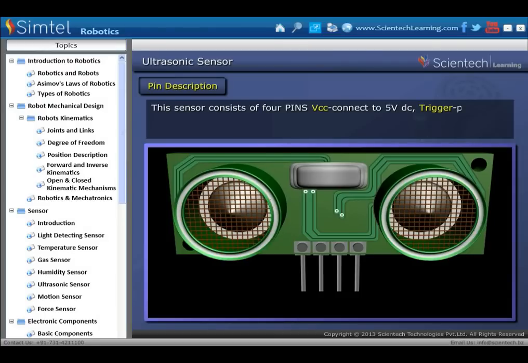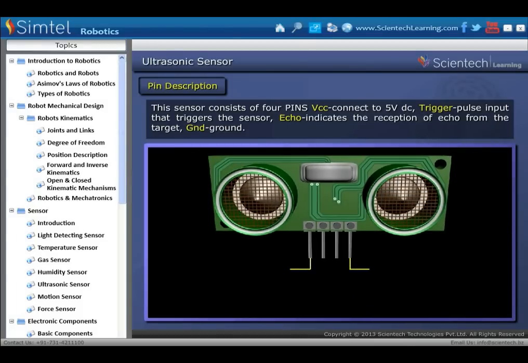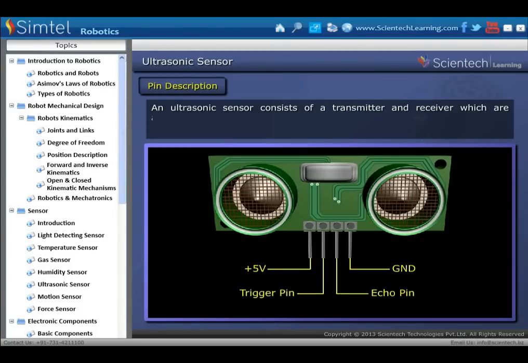This sensor consists of 4 pins: VCC connects to 5V DC, trigger is the pulse input that triggers the sensor, echo indicates the reception of echo from the target, and ground. An ultrasonic sensor consists of a transmitter and receiver, which are available as separate units, or embedded together as a single unit.